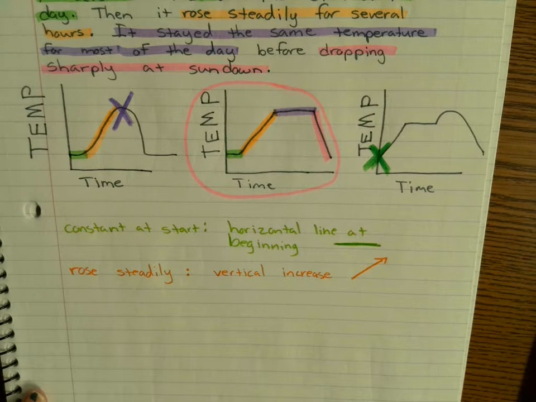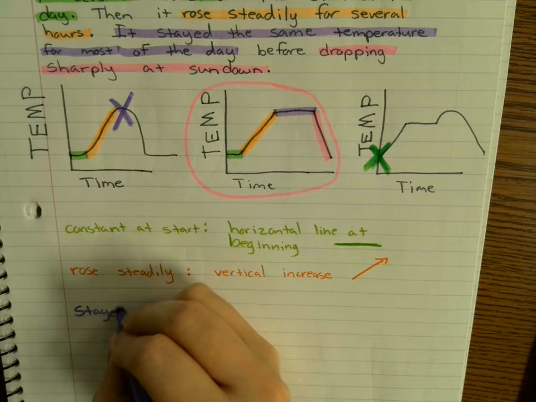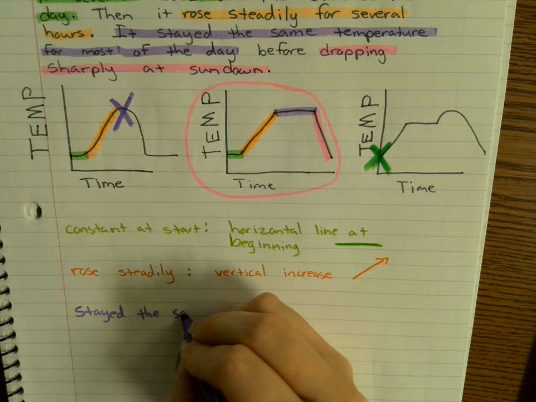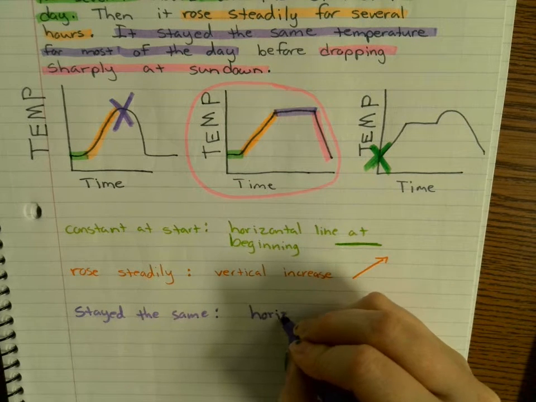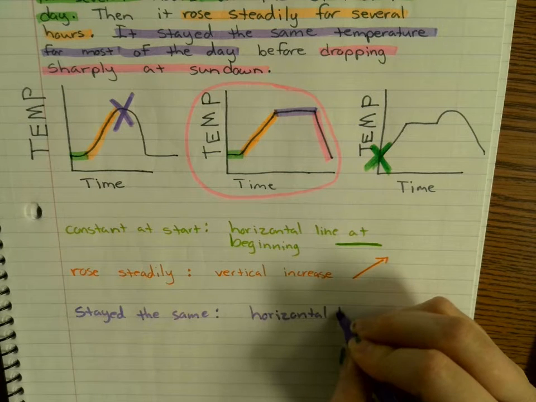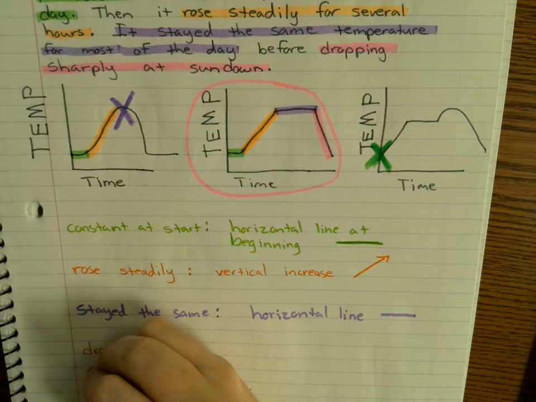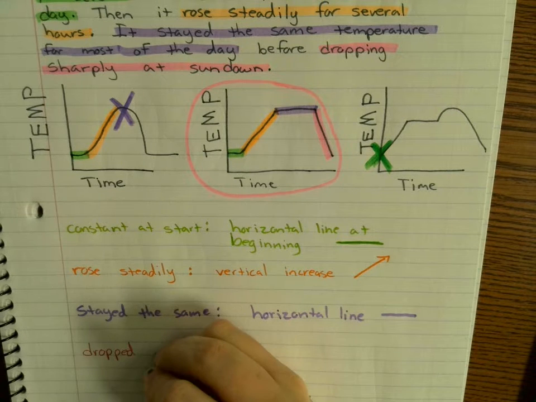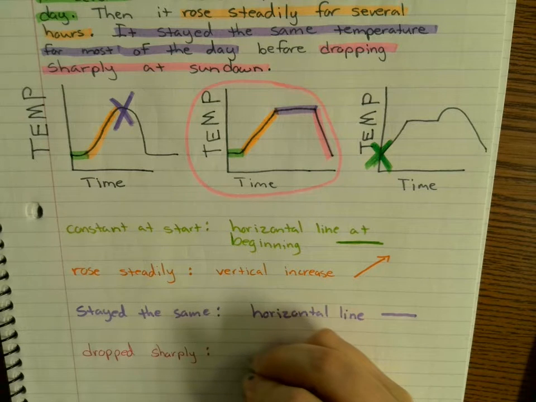Again, the next portion saying that it stayed the same, that was again another horizontal line. And then at the end, when it said that it dropped sharply, that was going to be a vertical decrease.